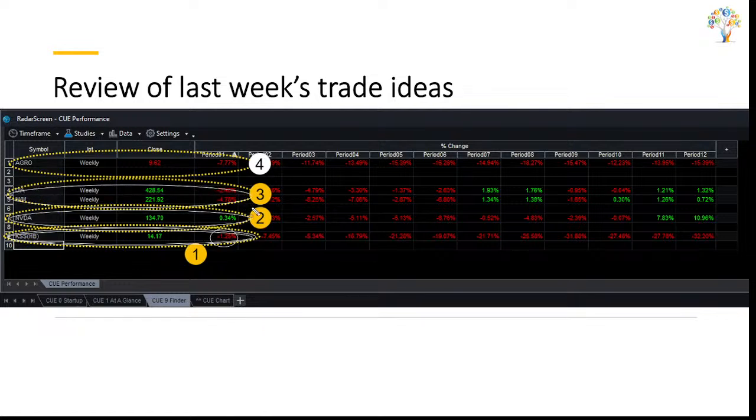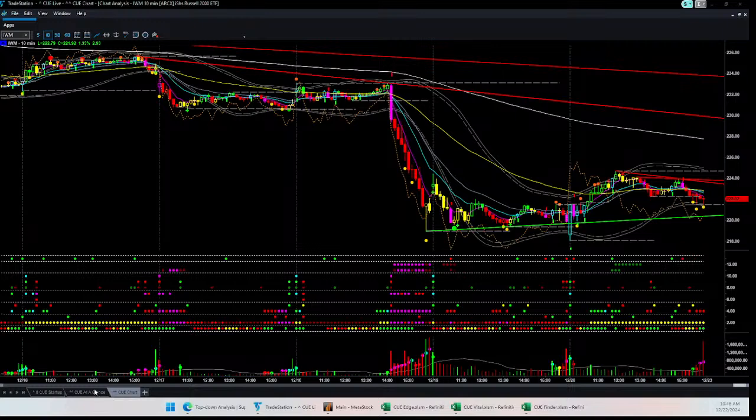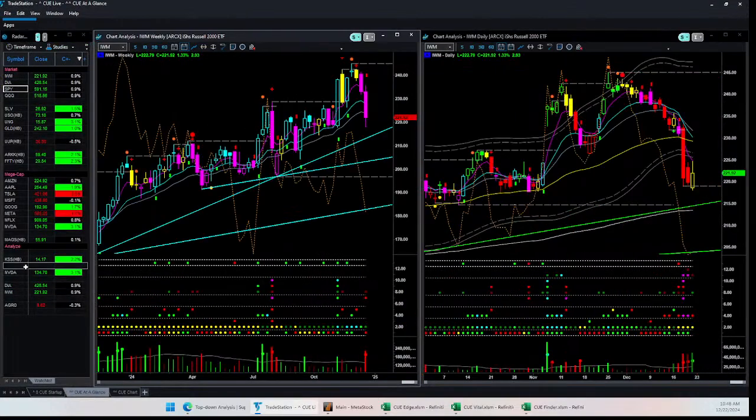DIA and IWM, I was holding short positions, closed both of them fully. And AGRO is a stock that I shared 2 weeks ago. 1 week ago, it neither hit target nor hit stop, but this week it hit profit comfortably. Let's look at these stocks using the charts now.